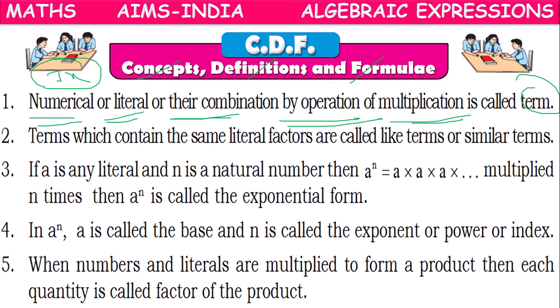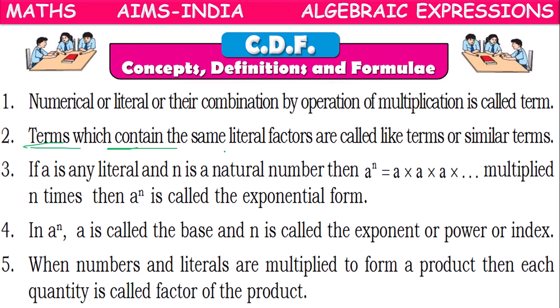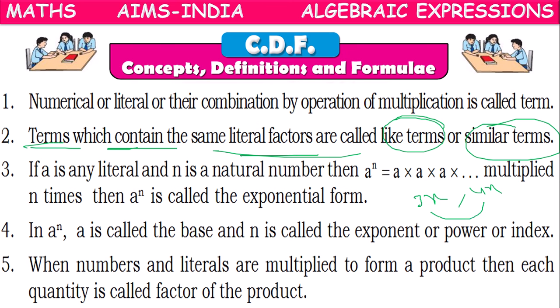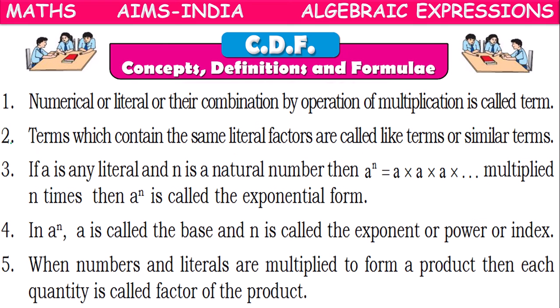Combination of literal and numeral and their product will be considered as a term. So terms which contain same literal factors are called like terms or similar terms, like 3x, 4x. Same literal factor, x is there, so they are called like terms or similar terms.